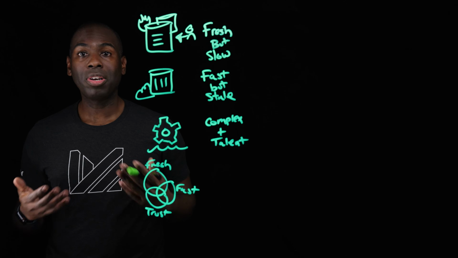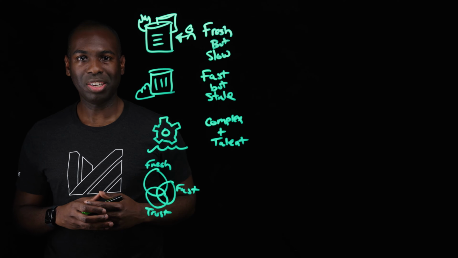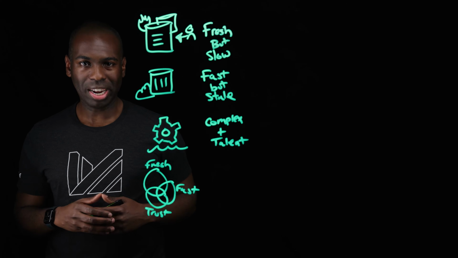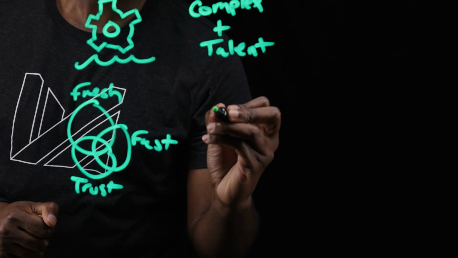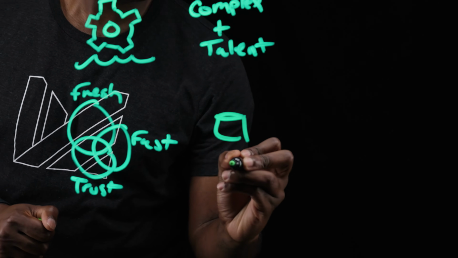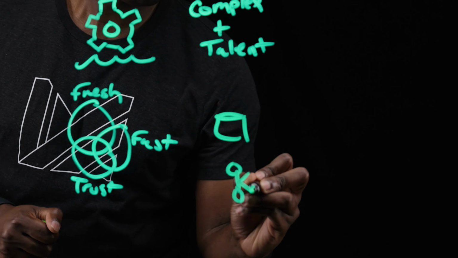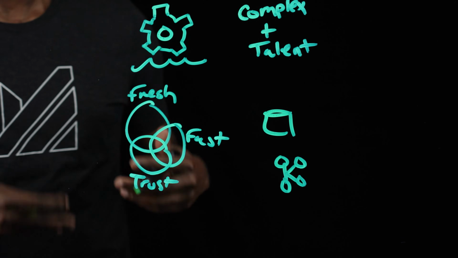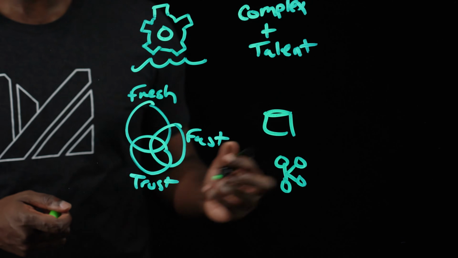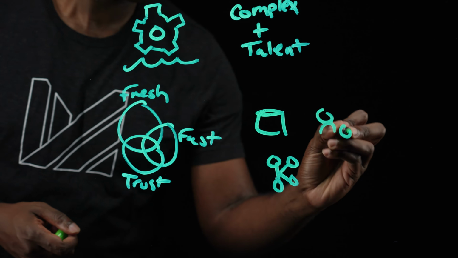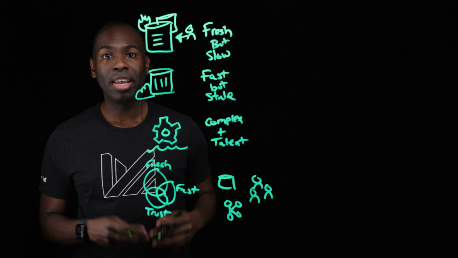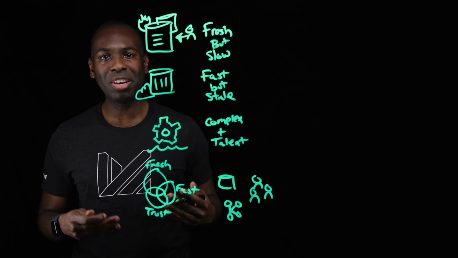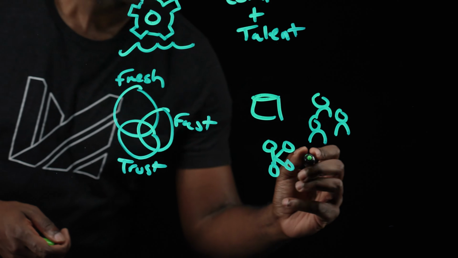We also know that our data typically doesn't live in a single database. We want a system that can work across all of our sources. And we want this with the team and the budget we have today. And one of the best ways to do that is using standard, familiar SQL.